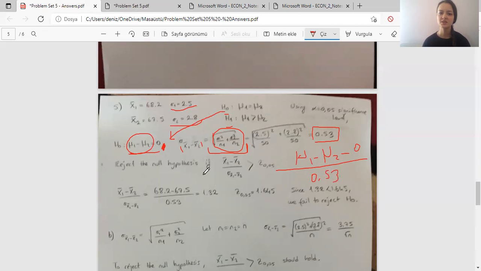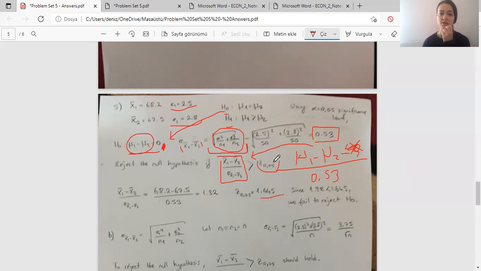Now, the decision criteria is here. The thing I have written is the same as this, minus 0, which we don't need. So we are going to reject the null hypothesis if this value is greater than z 0.05, which is 1.645 by heart.